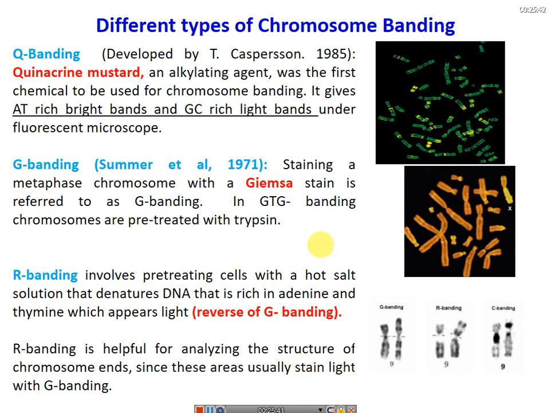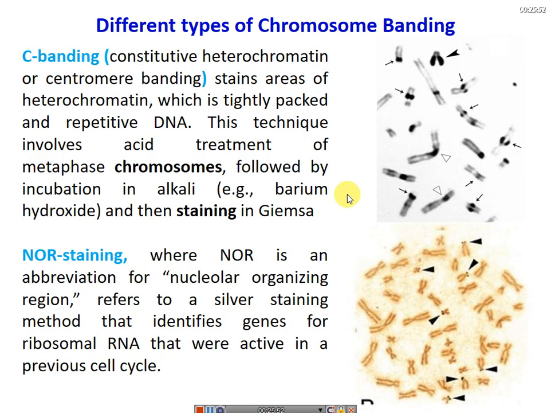So we usually use it for studying the differences in the ends of the chromosomes. Okay, in C banding, which is constitutive heterochromatin or centromere banding, the areas stained darker are the heterochromatin.